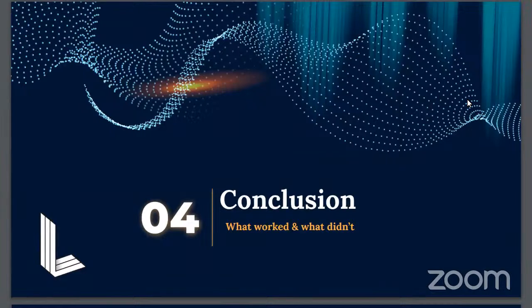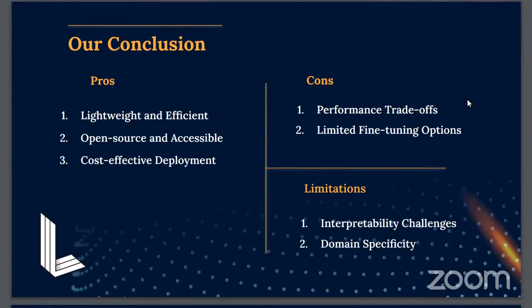So now we conclude TinyLlama, including its strengths, weaknesses, and limitations. So next. The main key strengths of TinyLlama: the first is that it's lightweight and efficient. It requires very little computational power and memory, making it ideal for deployment on mobile or edge devices.